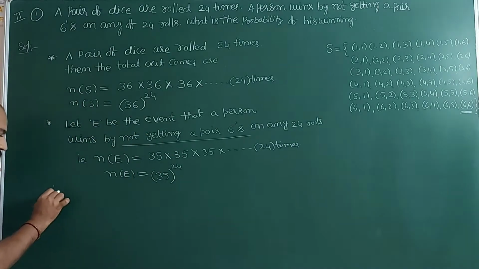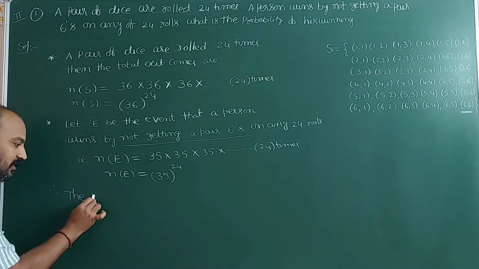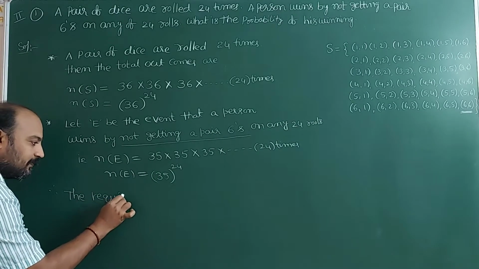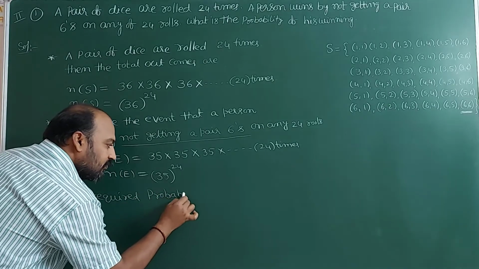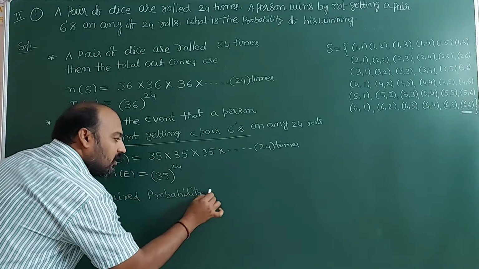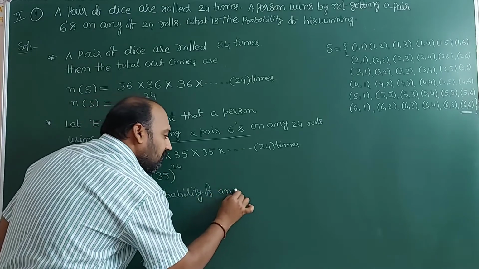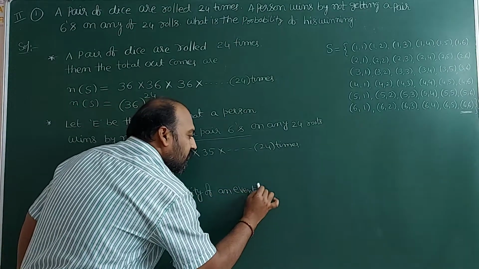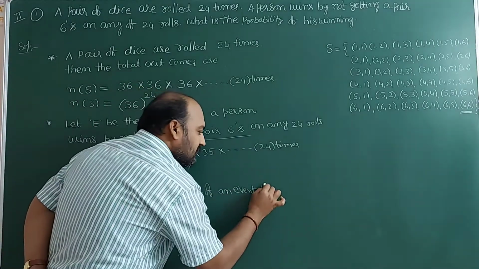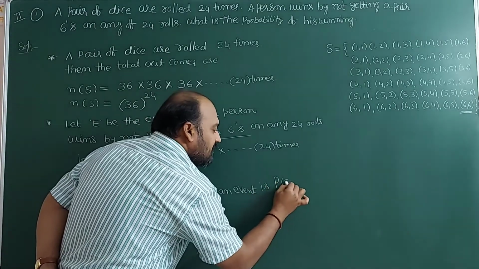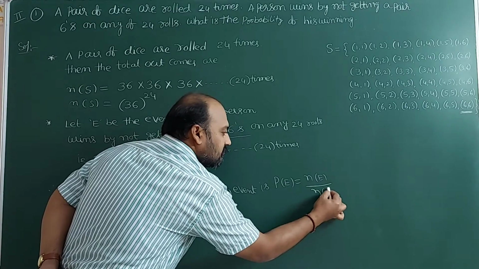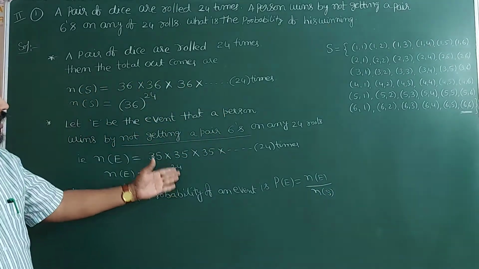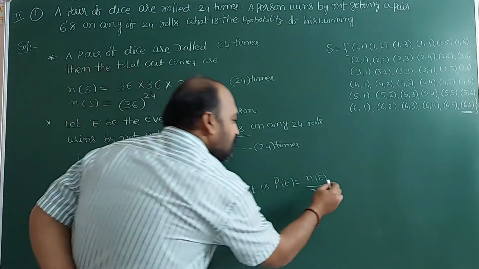Therefore, the required probability of an event is P of E equal to n of E by n of S. So n of E value we have, n of S value we have, substitute.